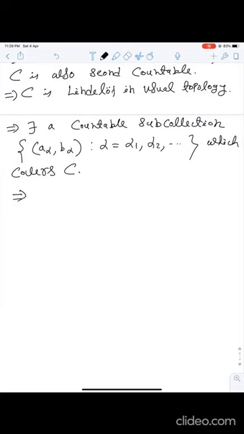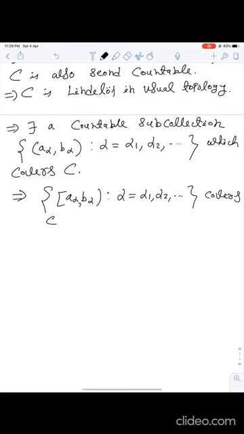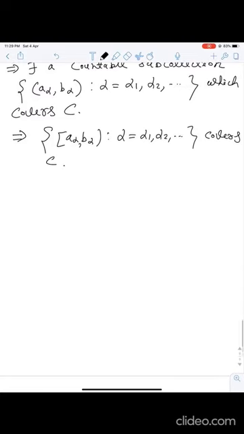That will imply if we take this collection A alpha comma B alpha, where alpha equal to alpha 1, alpha 2, this also covers C, right?